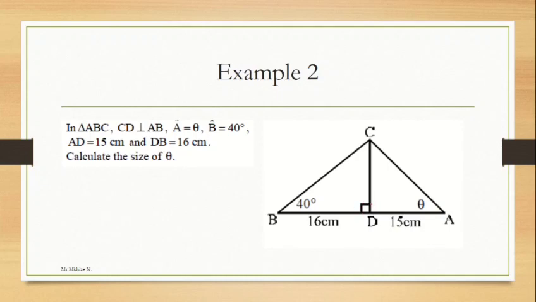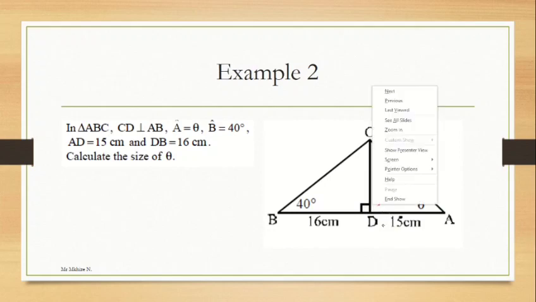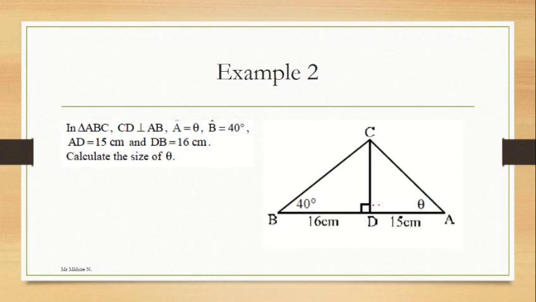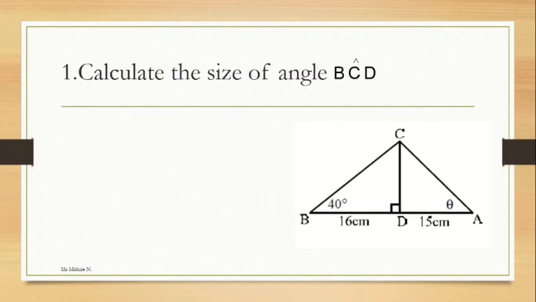But we know that on this side as well, we should also have a right angle. And the reason is that, remember, in Euclidean geometry, we learned that the sum of angles on a straight line is 180. And if this side is 90, the other side should also be 90. Right, so let us look at the questions.